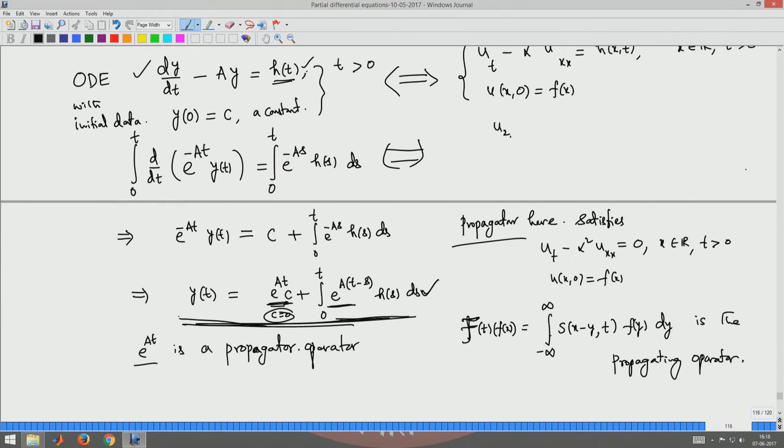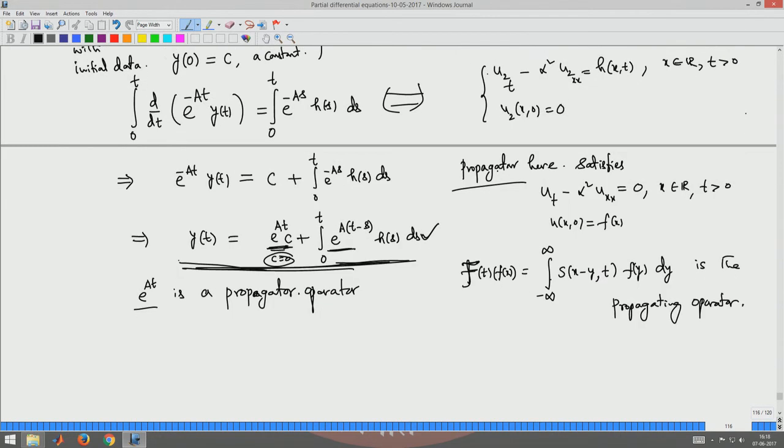So, you can write u2, the solution of u2_t minus alpha square u2_xx equal to h(x,t). This is the non-homogeneous equation, and then with the initial data 0. So, this one you can now write as this part. That implies u2(x,t) is the integral from 0 to t.